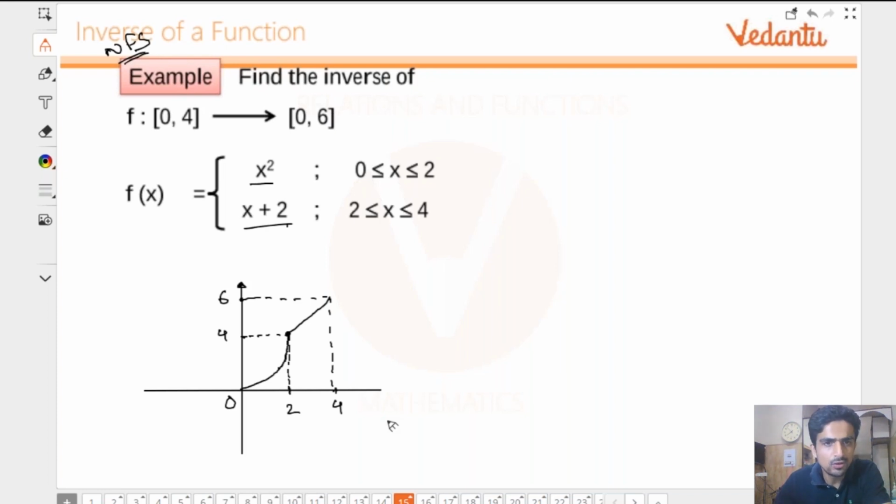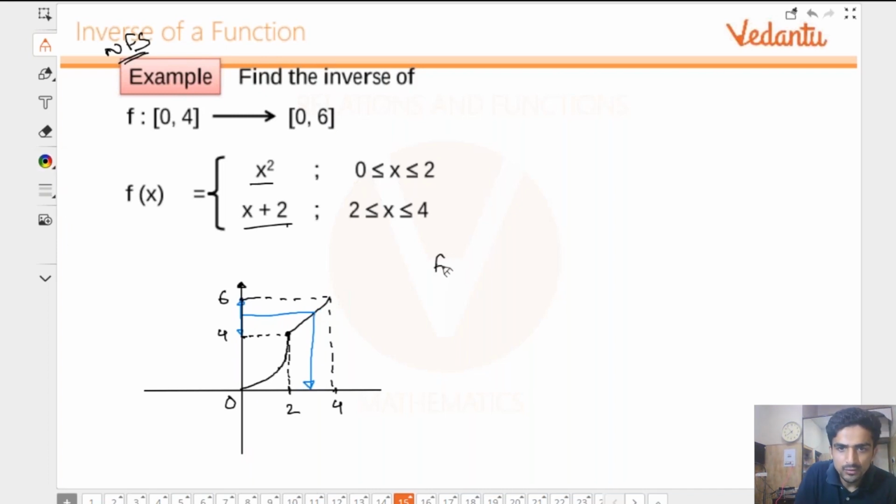Now just listen carefully. When I say I need to find the inverse, basically I need a way of coming back from y to x. So when I'm coming back from this region, I'll be coming back using the x plus 2 part.